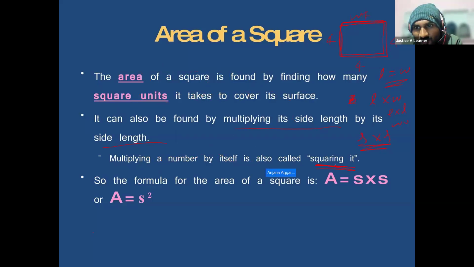That's why, if we take 4 multiplied by 4, it is called 4 squared, because this follows the concept of a square. So the formula for the area of a square is area is equal to side into side, the same number. Great.